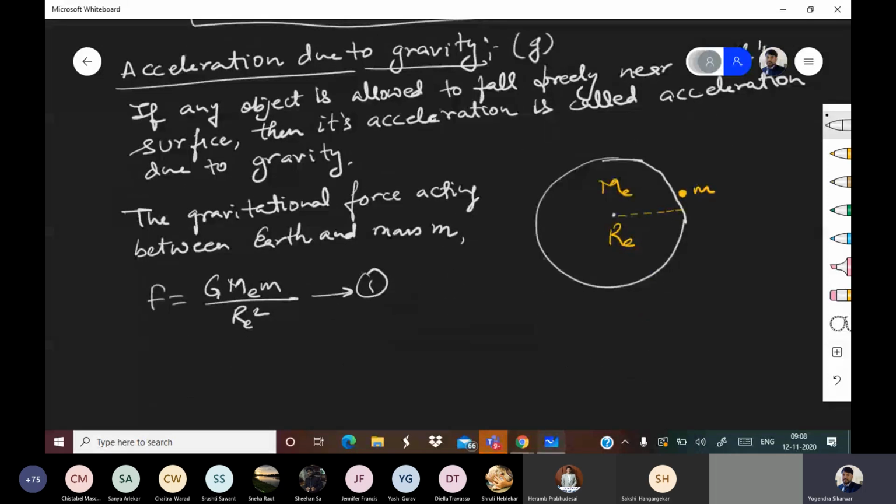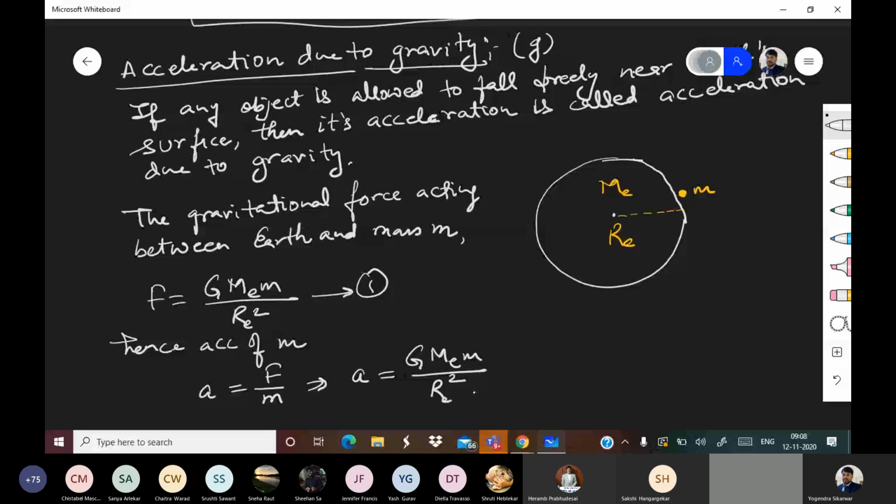Hence, acceleration of small m, so a, will be F by m. So a will be G ME small m upon RE squared, upon small m.